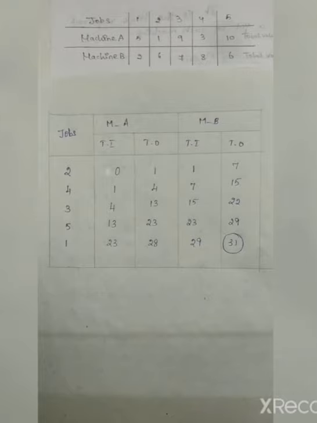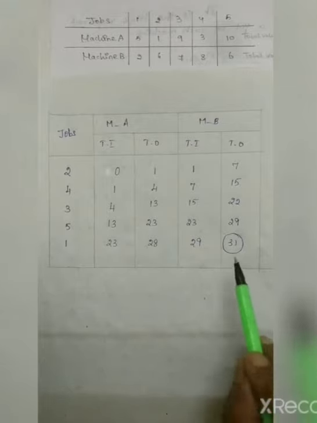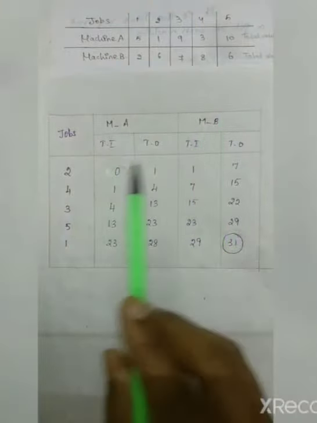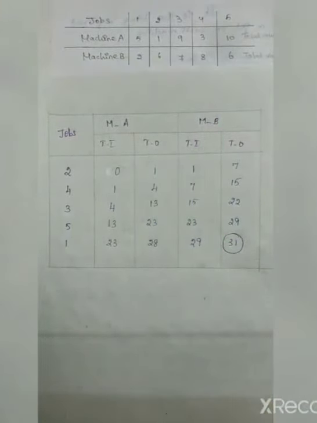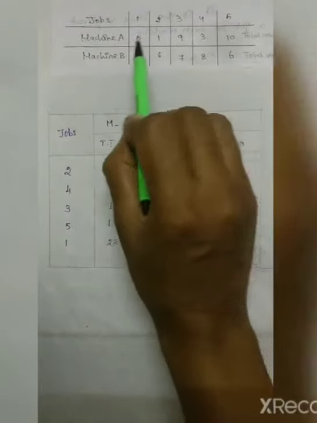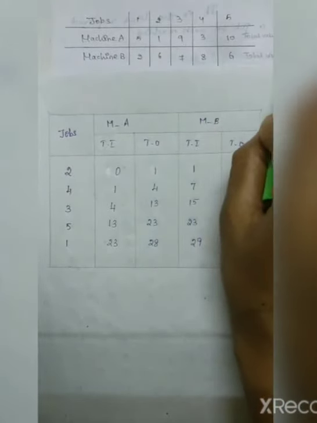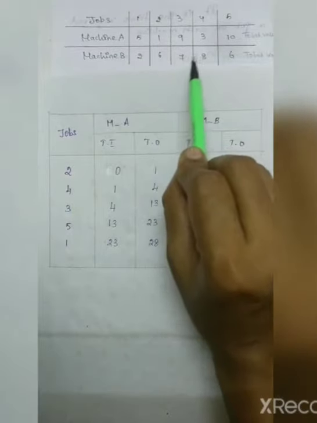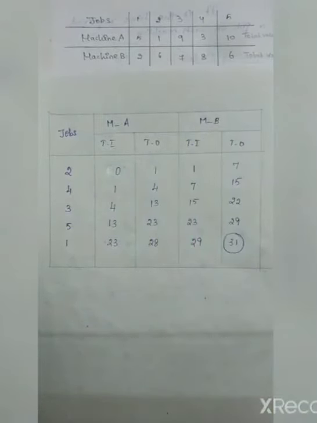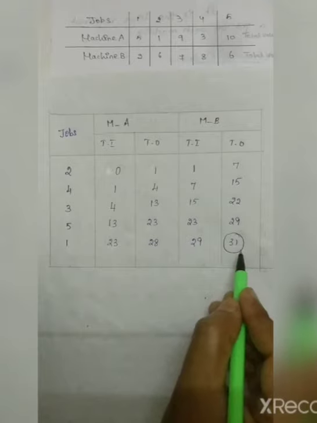Idle time for machine A means you subtract the total processing time from this element. Idle time for machine A is equal to total elapsed time minus total time consumed by machine A. For machine A, the total is 5 plus 1 plus 9 plus 3 plus 10, which is equal to 28. Similarly, 2 plus 6 plus 7 plus 8 plus 6 is equal to 29.